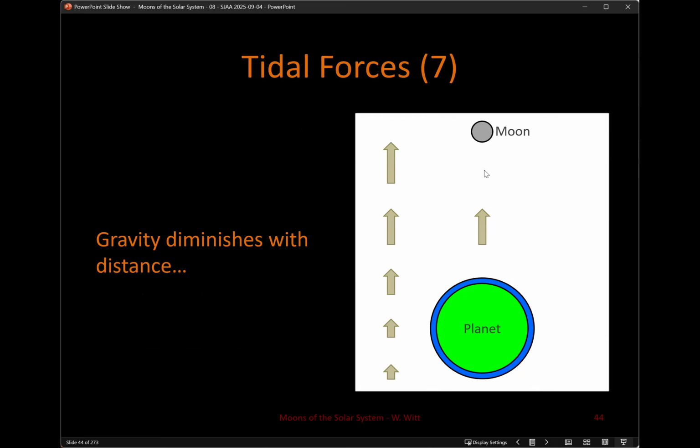If the planet were right here, it would receive a really, really strong pull. The farther away the planet is, the weaker the pull is. And that even matters if we just think about these two ends of the planet, right? So the top part of the planet has a stronger gravitational pull from the moon than this bottom part of the planet. Here, the gravitational pull is weaker, just because overall the gravitational pull of any object diminishes with distance as we get farther away.